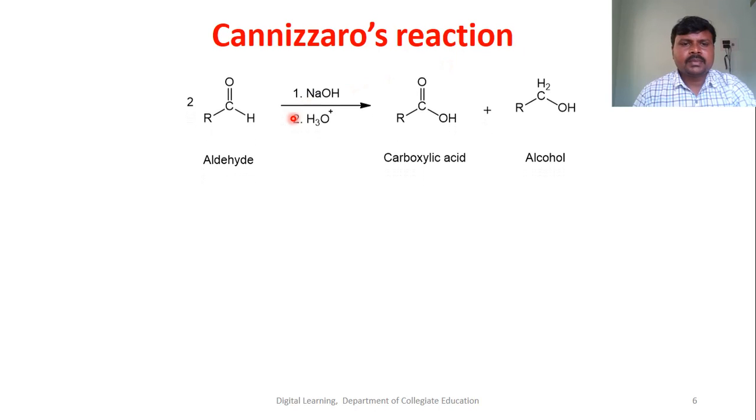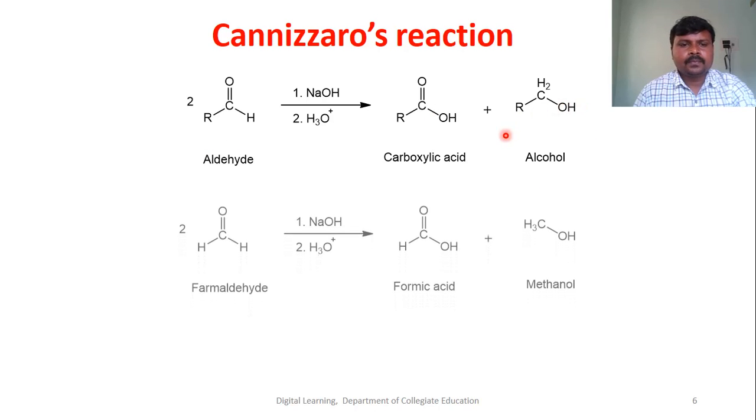This reaction can be represented like this: two molecules of aldehydes which do not contain alpha hydrogen atoms undergo self oxidation and reduction reaction in the presence of concentrated sodium hydroxide or potassium hydroxide, followed by acid hydrolysis, to give one molecule of carboxylic acid and another molecule of alcohol. Of two molecules of aldehyde, one molecule is oxidized to carboxylic acid and another molecule is reduced to alcohol.